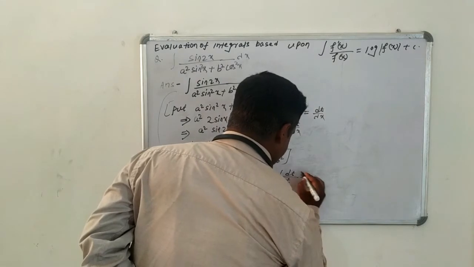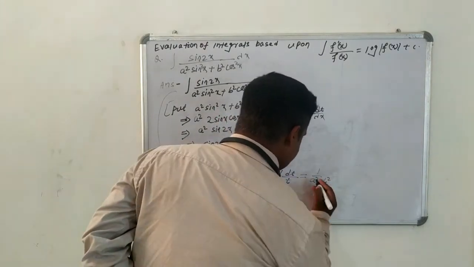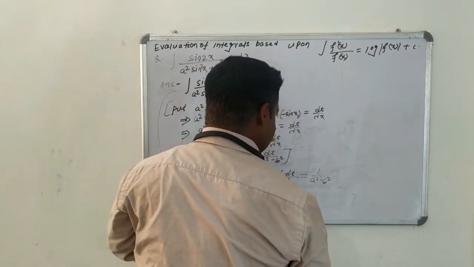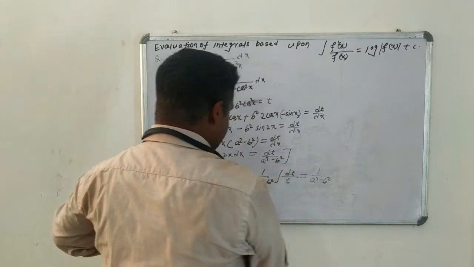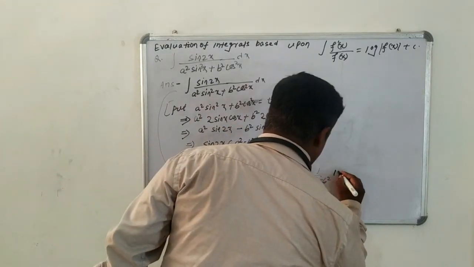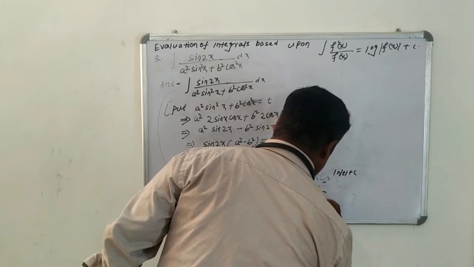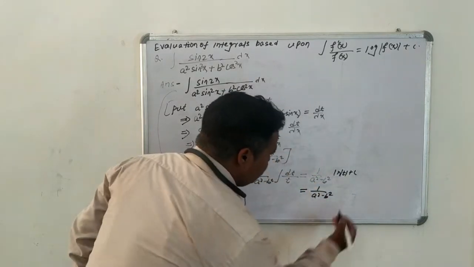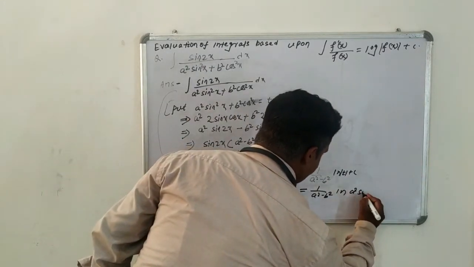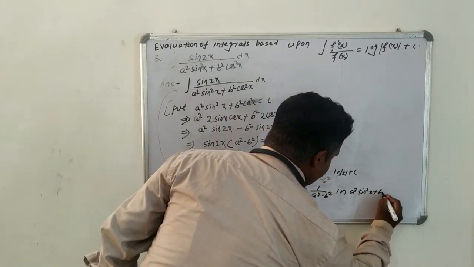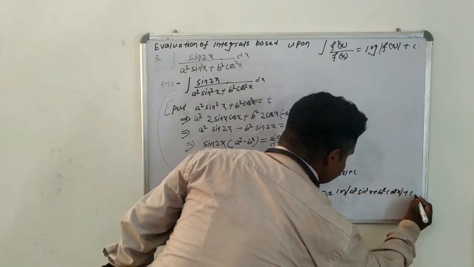This equals 1 by a square minus b square ln t plus c, which is 1 by a square minus b square ln of a square sin square of x plus b square cos square of x plus c. That is the result.